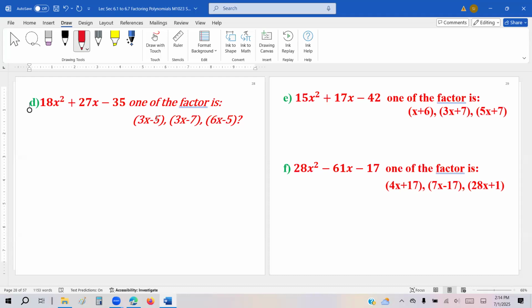No, okay, 3 times 5. And one is positive, one is negative.